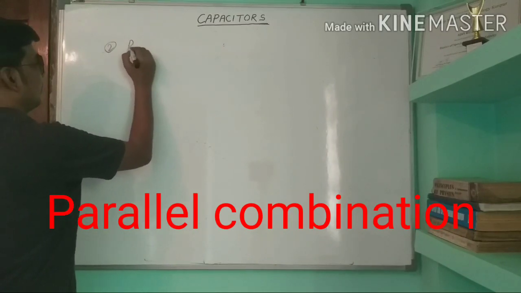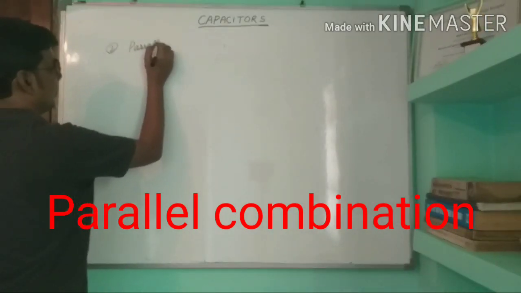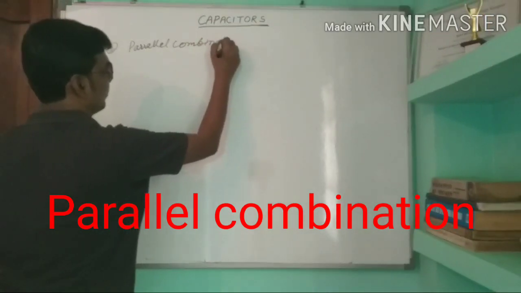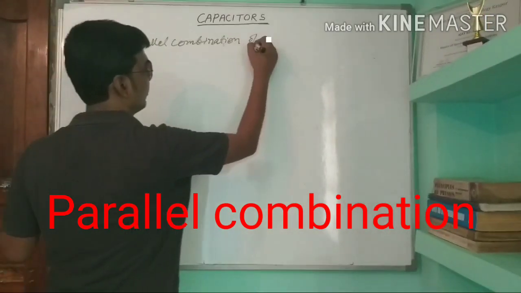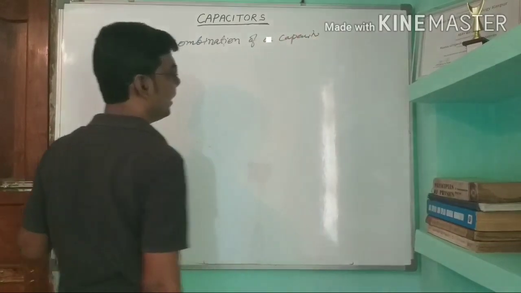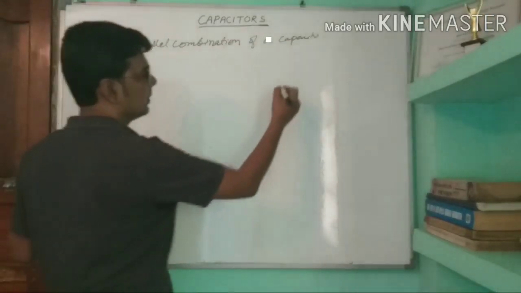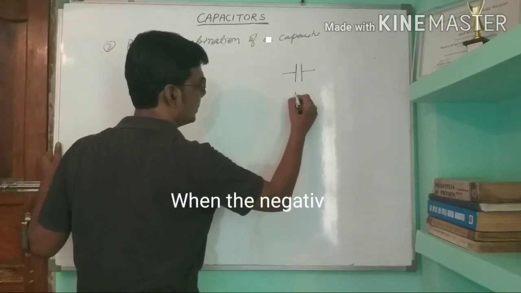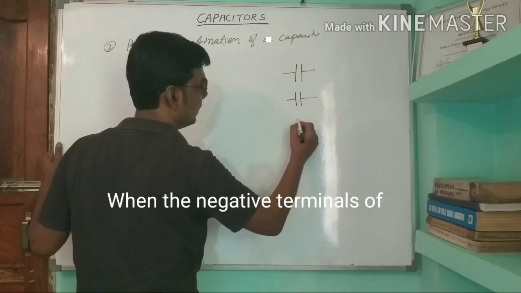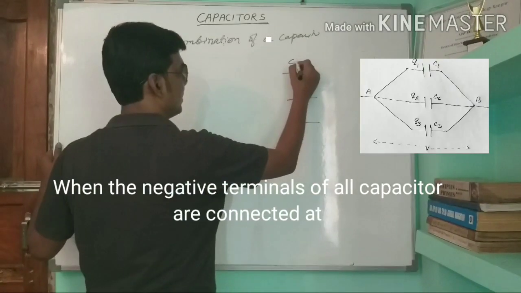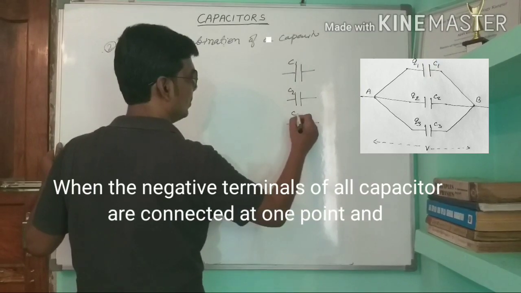Now, parallel combination of capacitors. This time consider again three capacitors: capacitor 1, capacitor 2 and this is the third capacitor, and the capacitances are C1, C2, C3.